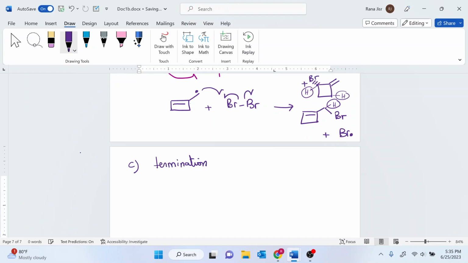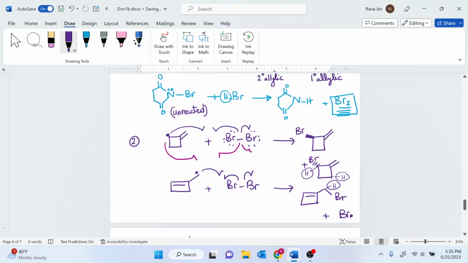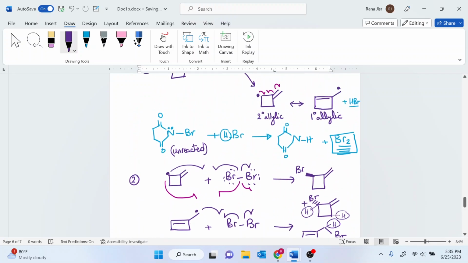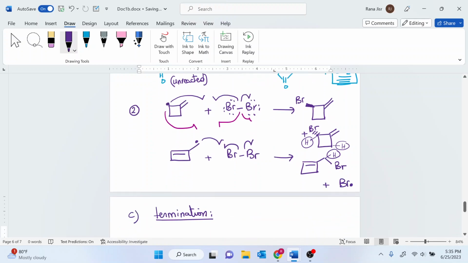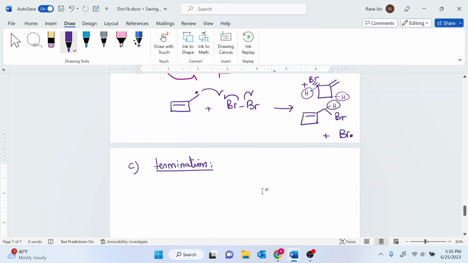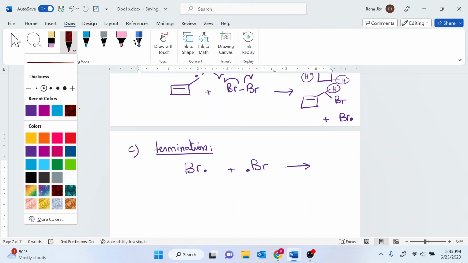Termination is going to be a lot of radicals, because during this process, notice how many radicals you are forming. You are forming the bromine radical, you are forming the succinimide radical. So a lot of radicals in there. So we're going to limit our termination again to only 3 steps. So only choose 3 radicals and react them with each other. The reaction normally where you react radicals together, so when radicals form bonds, this is called a coupling reaction.